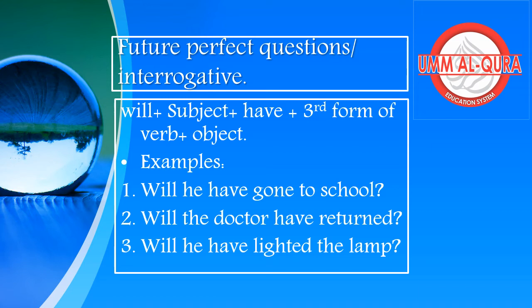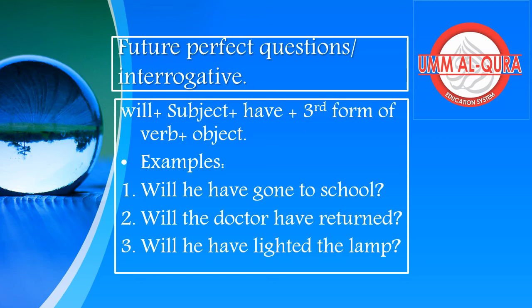You have to remember how to make future perfect tense. Two things. Number one is the helping verb. The rest of the sentence will always be the same: subject, helping verb, form of verb, and in the last the object. So the subject will be the same, the object will be the same. To make any kind of tense, only the forms of verbs and helping verbs will be changed. For example, we have used will have for future and had to make it past.